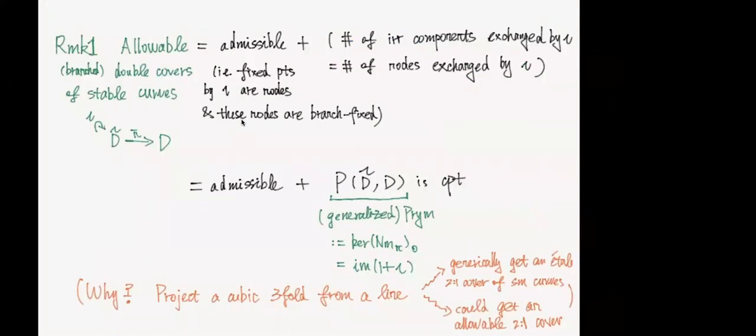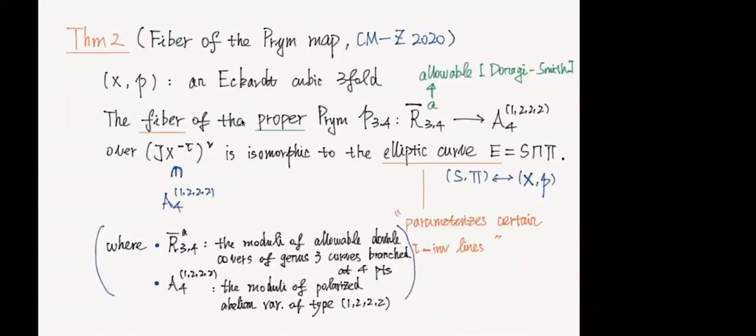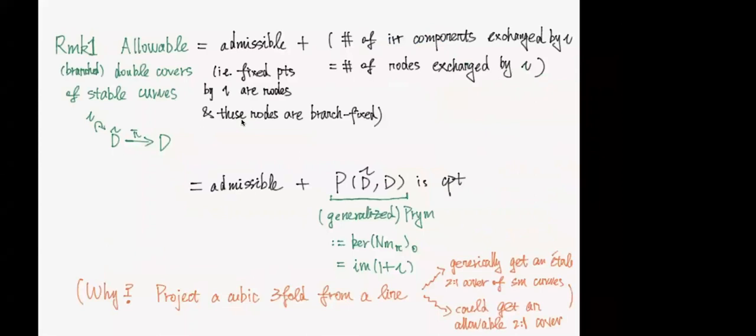Okay. So now let me explain what we mean by allowable. By an allowable branched double cover of stable curves, we mean two conditions. The first is admissible, namely, let's look at this diagram. Suppose I have a branched double cover of stable curves D tilde to D, and the covering involution is iota.